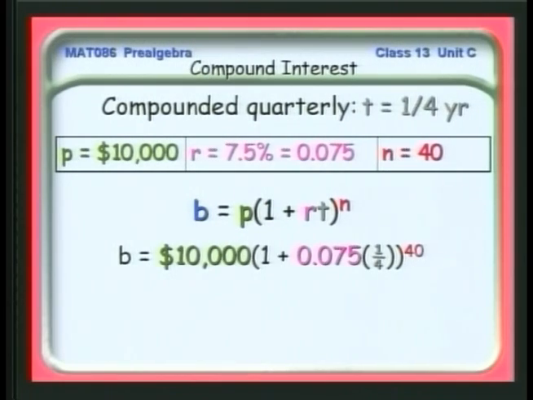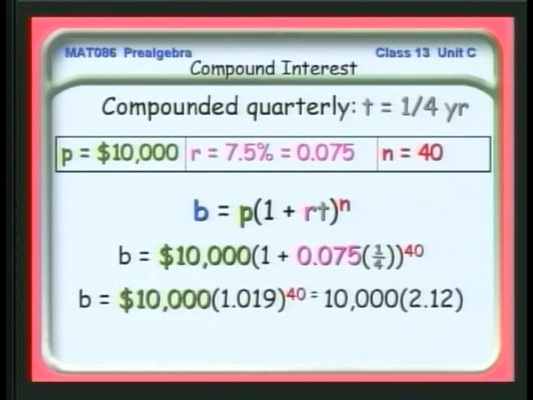We have the principal of $10,000 times 1 plus 7.5% expressed as a decimal times a quarter, that quantity raised to the 40th power. I know that sounds awesome. When we plug that in, a quarter of 0.075 is 0.019.